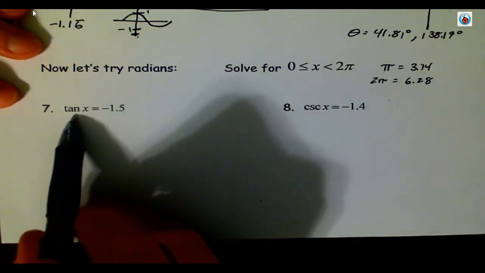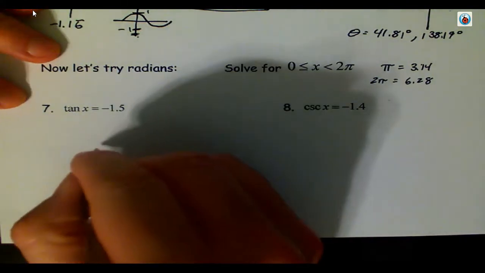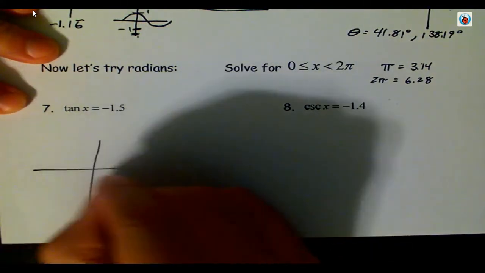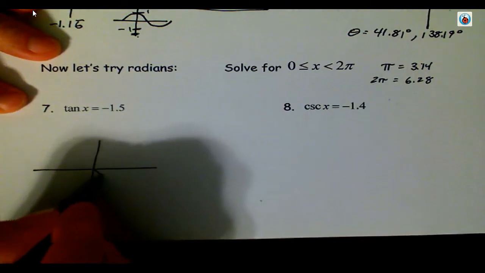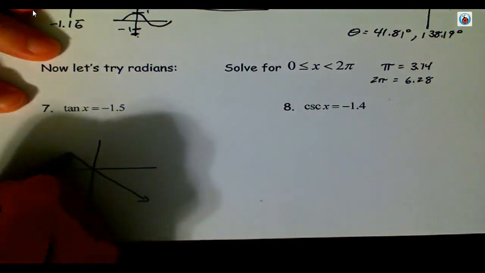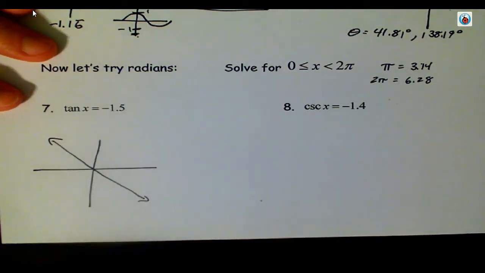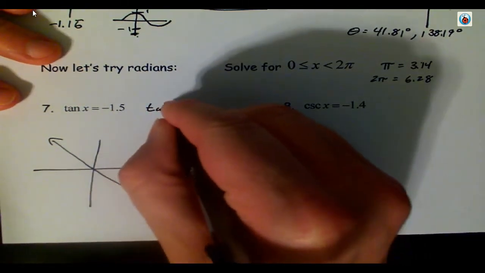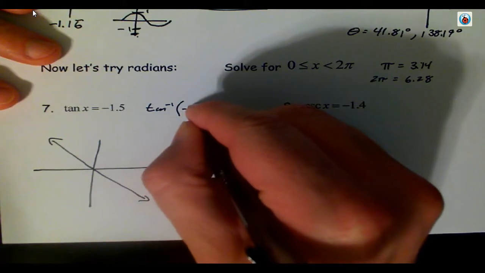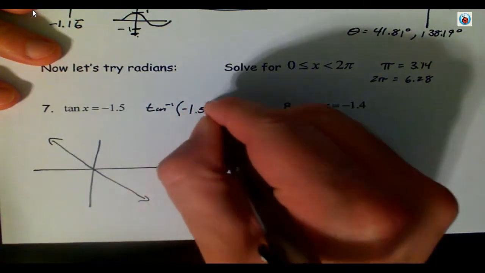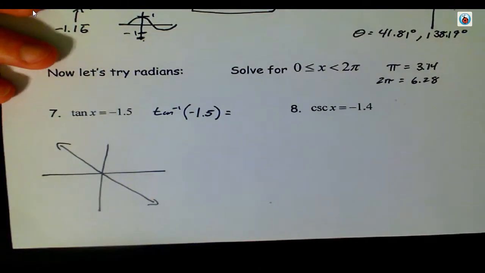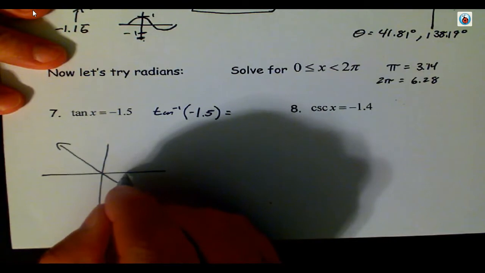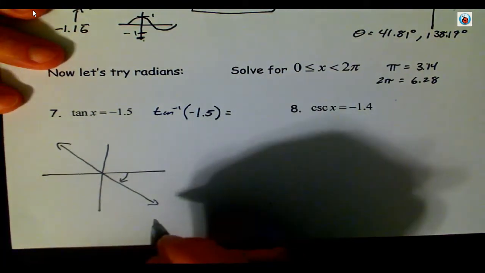First step, tangent by itself. Draw my graph. Negative tangent is in the fourth quadrant and second quadrant. I need to take the inverse, and that's going to give me this angle right here.